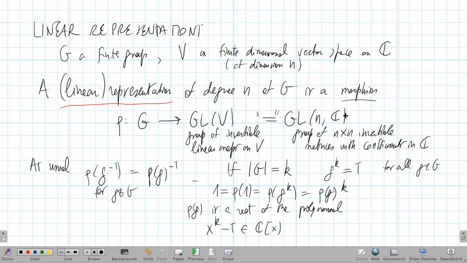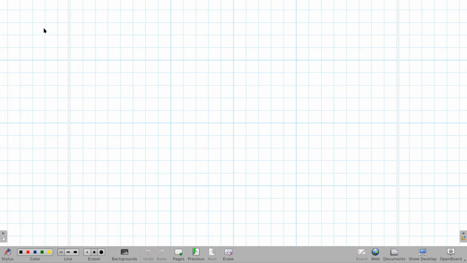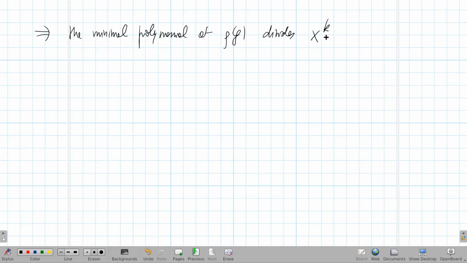So it's a root of this polynomial. I'm assuming that I'm here in matrices, but of course it would be the same here. So since rho of g is a root of this, then this implies that the minimal polynomial of rho of g divides x to the k minus 1.